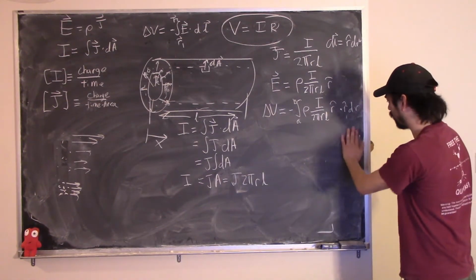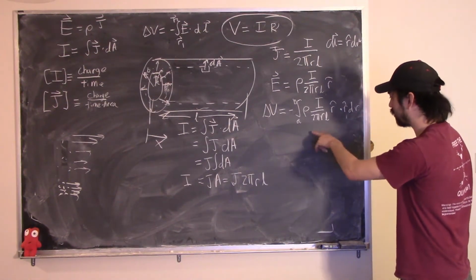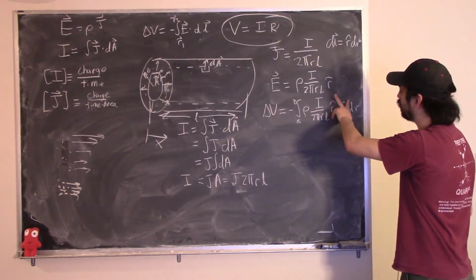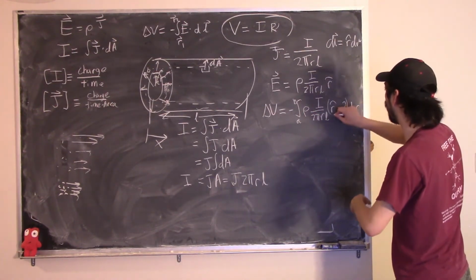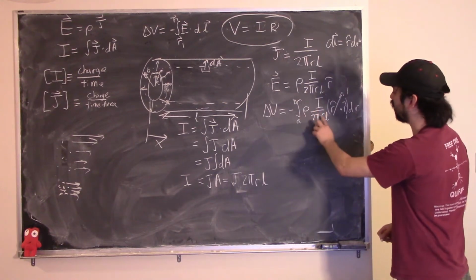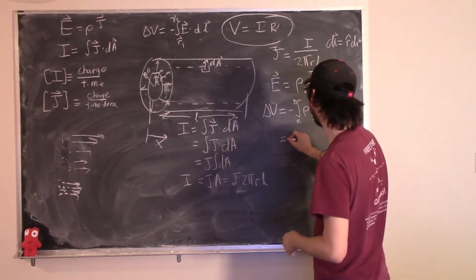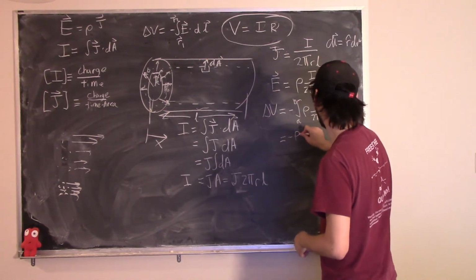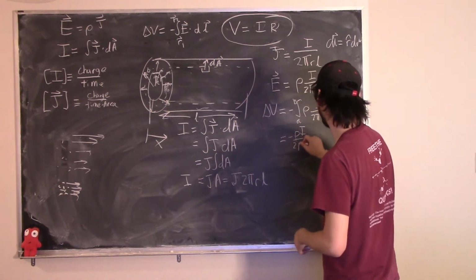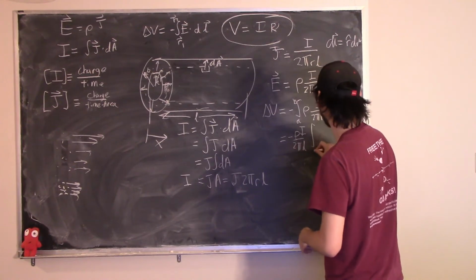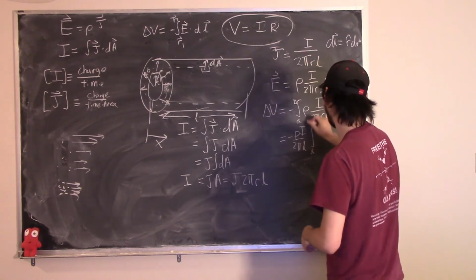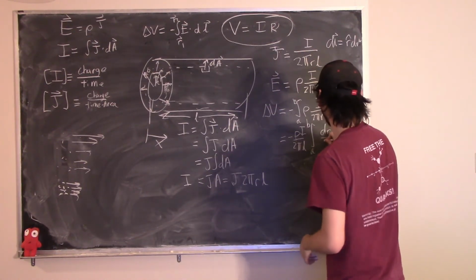This is an integral that we can evaluate pretty easily. And so this part's just going to give me a 1 when I do the dot product. All of this stuff except for the r in the denominator is a constant. And so what I'm left with is minus rho I divided by 2 pi L times the integral from A to B of dr over r.